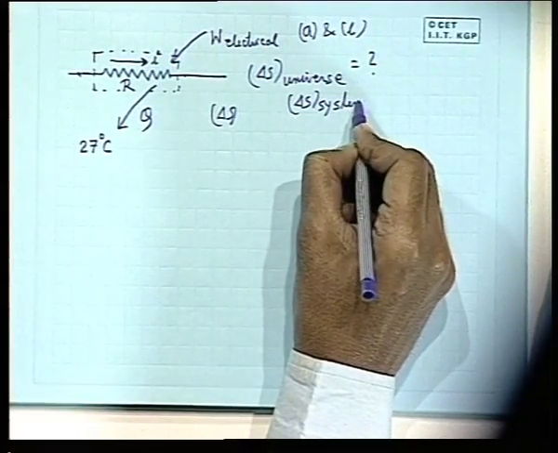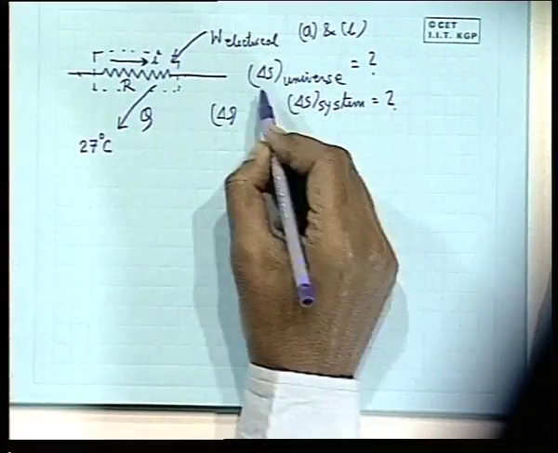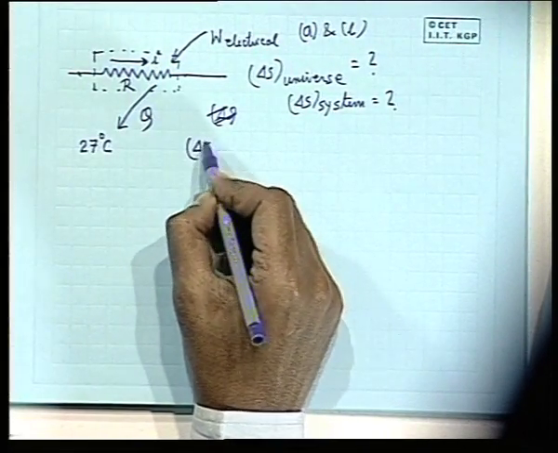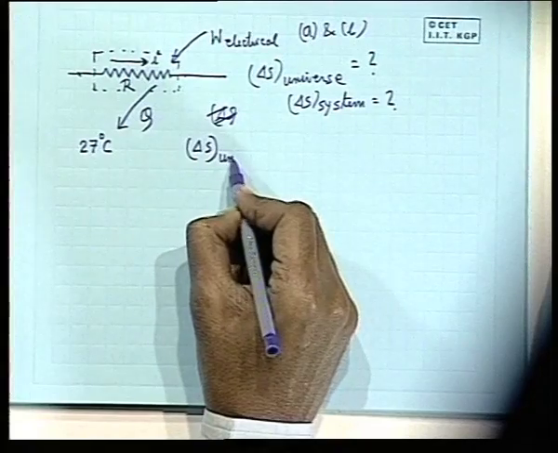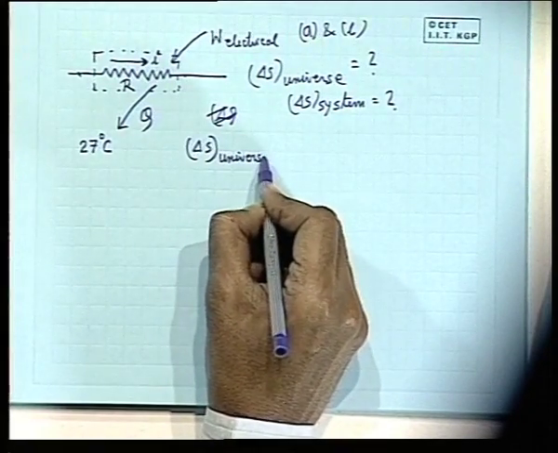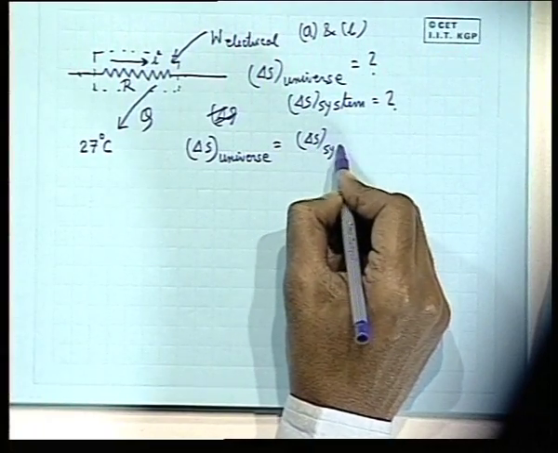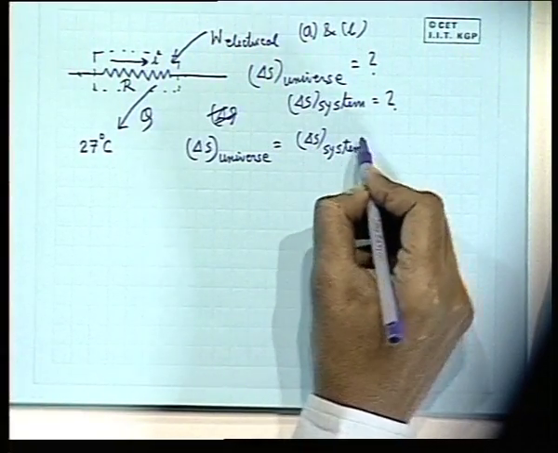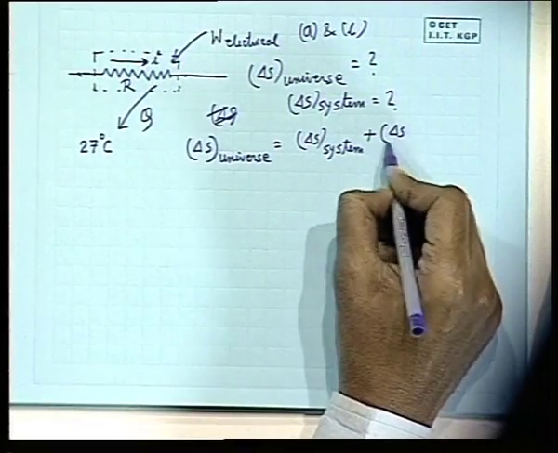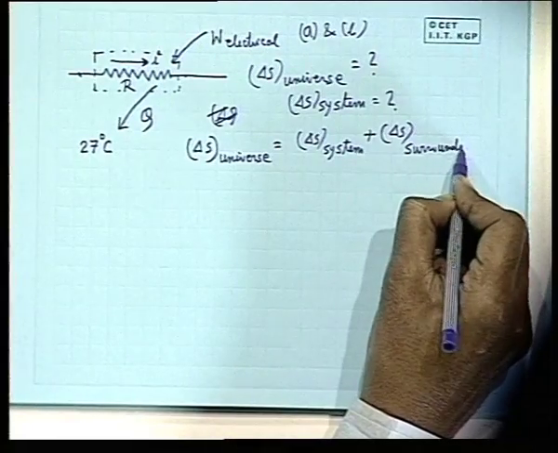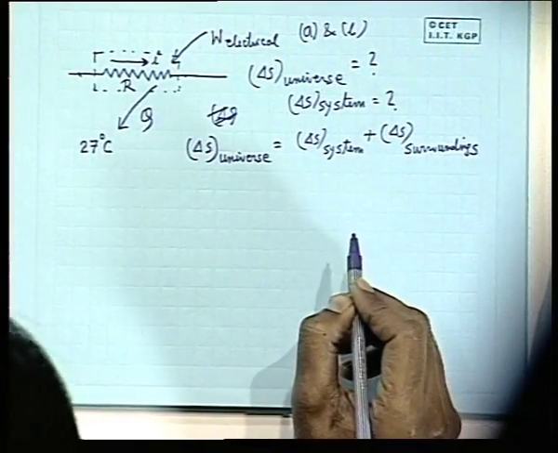If we have to find delta S universe, we have to find both delta S system and delta S surroundings. That is why delta S universe is delta S system plus the change in entropy of the surroundings.